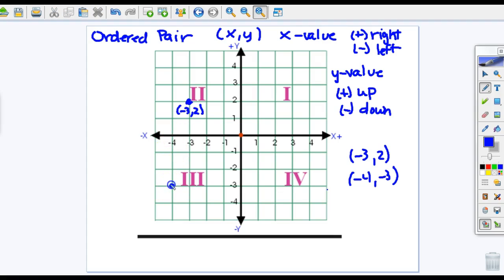And that puts me here, right in quadrant 3, just like my little cheat sheet there told me. And there I have my ordered pairs. So this is good for now. If you need to review this, you can, and it'll be posted for you to review during this week at any time.